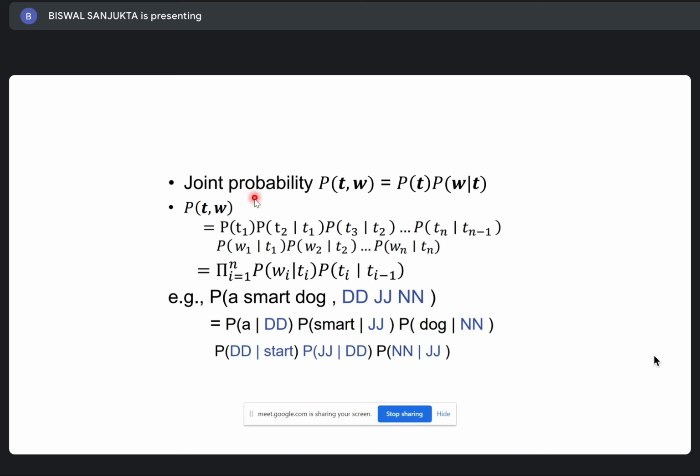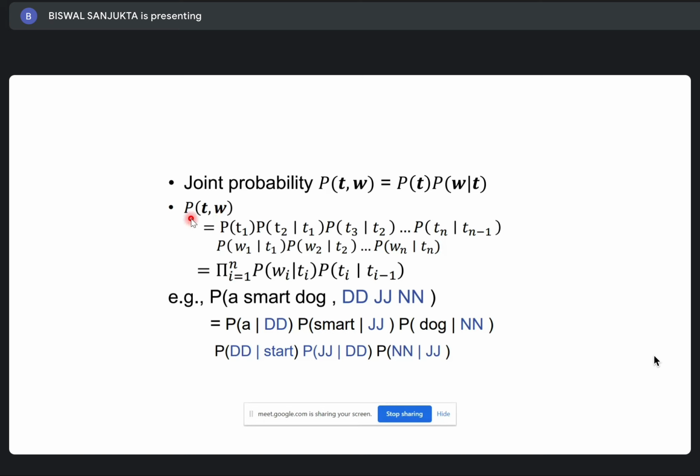The same thing is written here in technical terms. I'm interested to know the probability of tag given word. And here you need to keep in mind this tag is not just a plain single tag, it's a sequence of tags. Similarly, the word is also a sequence of words.